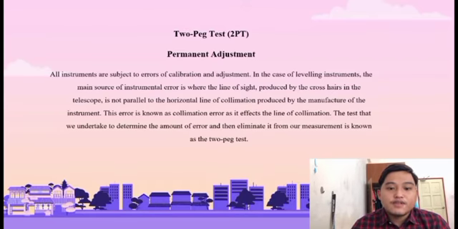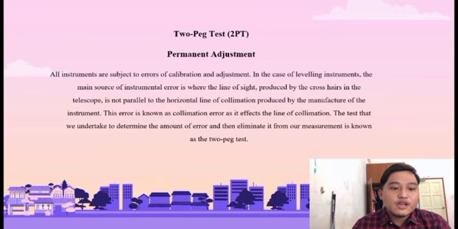In the case of a leveling instrument, the main source of instrumental error is where the line of sight produced by the crosshairs in the telescope is not parallel to the horizontal line of collimation produced by the manufacturer of the instrument. This error is known as collimation error as it affects the line of collimation.